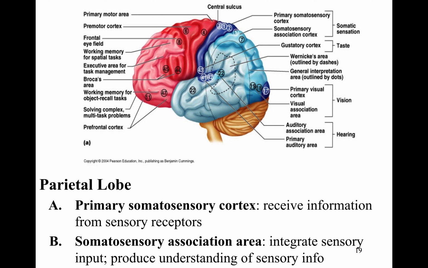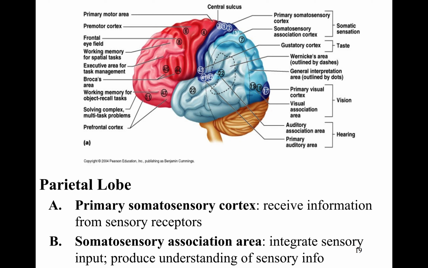For example, if you put your hand in your pocket and you have a set of car keys in your pocket, the sensory information is going to be sent to that primary somatosensory cortex, sensing maybe the shape of that object, maybe the texture of that object. Then the somatosensory association area is going to integrate that sensory information and try to make sense of it: okay, the object's irregularly shaped, it's kind of cold, so it's probably metal, it's very smooth.